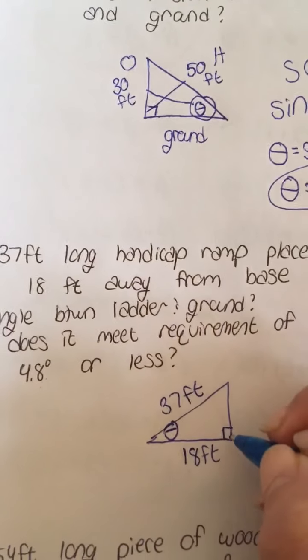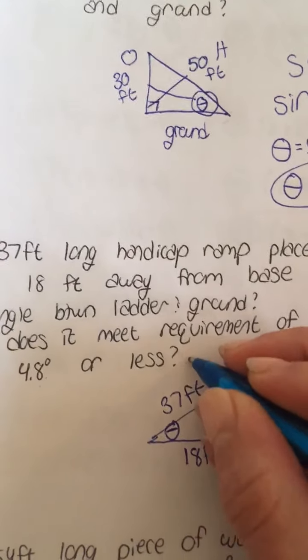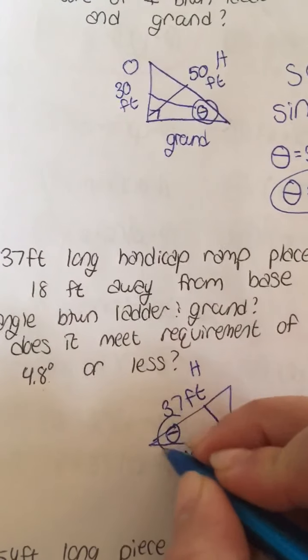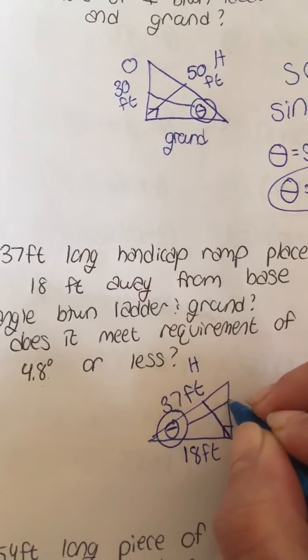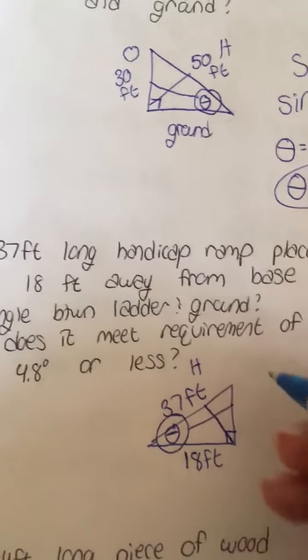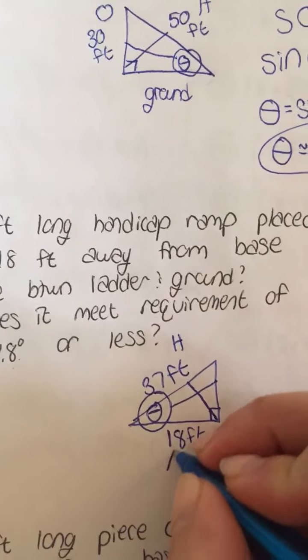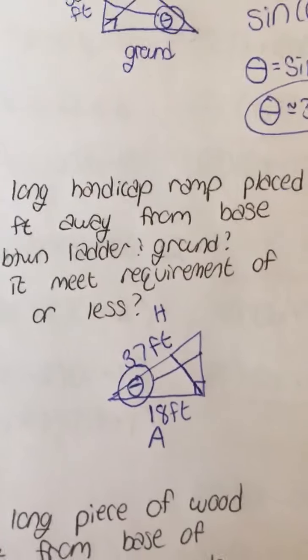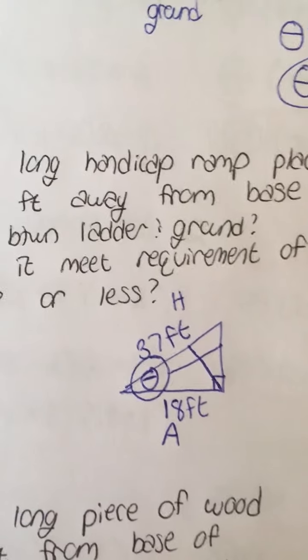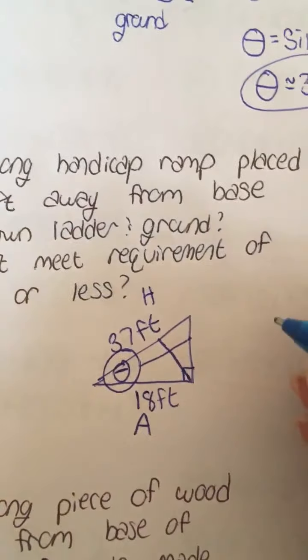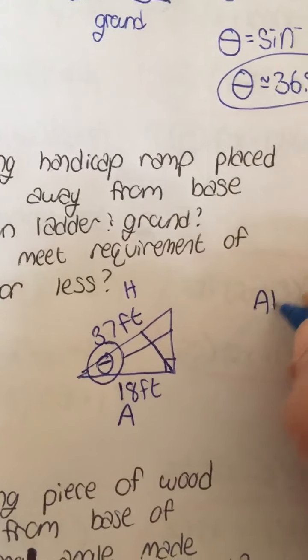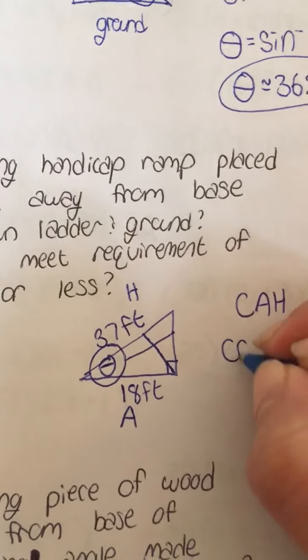So let's see, from 90, across from that is H. From theta, the angle that we need, across from that would be O, but we don't need the height of the building in this problem, so just skip it. And then we need x. Really, all you need to solve all these problems are just two sides. So now we have CAH, which stands for cosine.